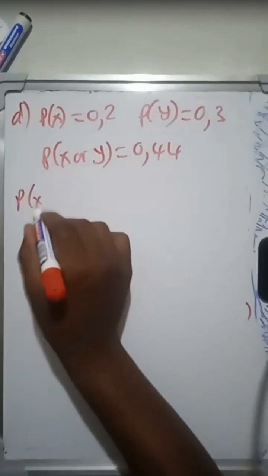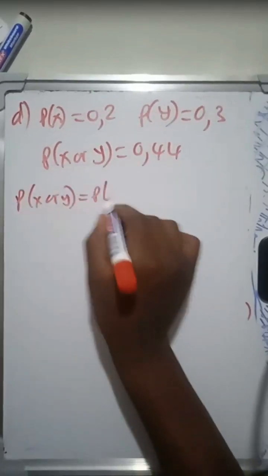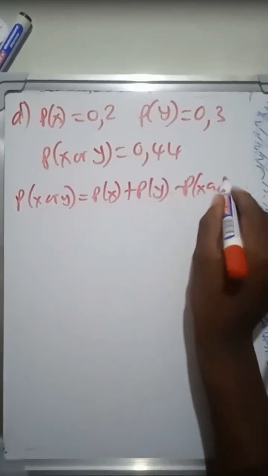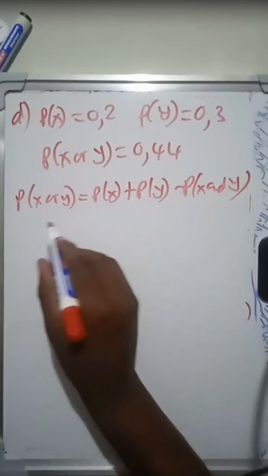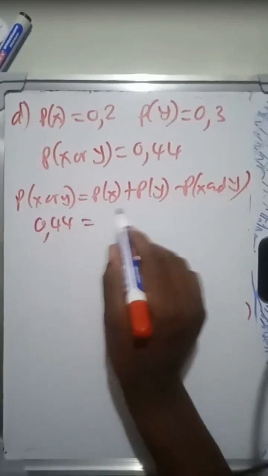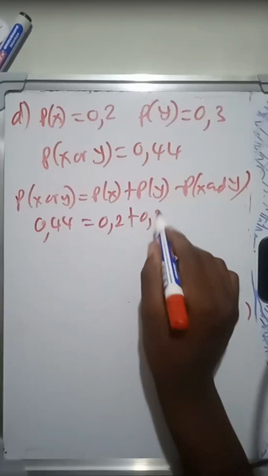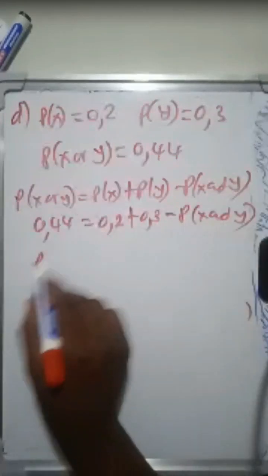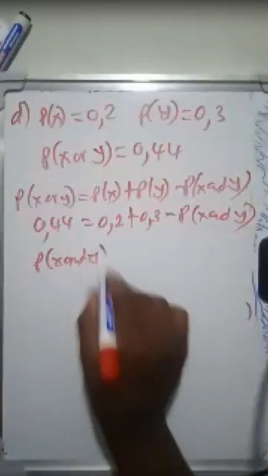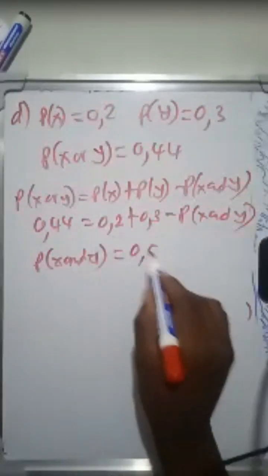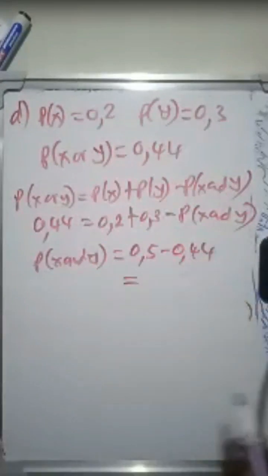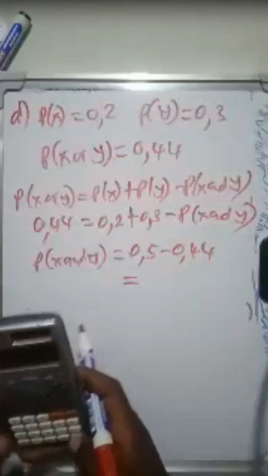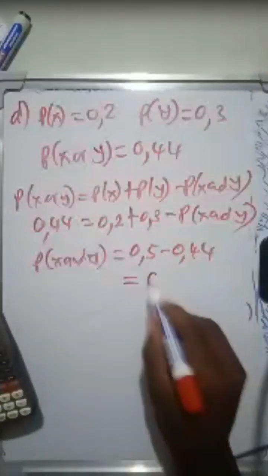Probability of X or Y is equal to probability of X plus probability of Y minus probability of X and Y. Okay, so this is going to be 0.44 is equal to 0.2 plus 0.3 minus probability of X and Y. So probability of X and Y is equal to 0.5 minus 0.44, which is 0.06.